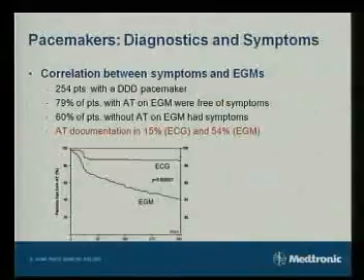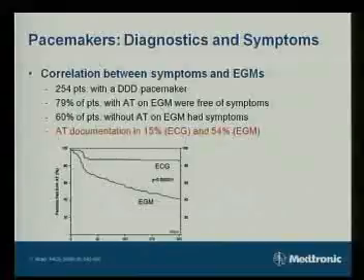Also, the issue of snapshot monitoring. This is patients that had a pacemaker implanted. Well, a pacemaker also can monitor continuously 24/7. And this is from 250 patients with a dual chamber pacemaker, where they looked at some ECGs that they took during the follow-up of the patient.